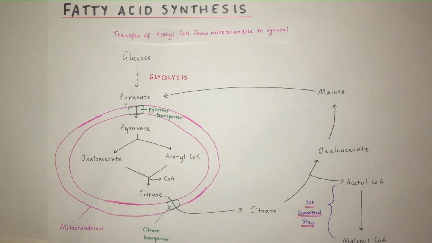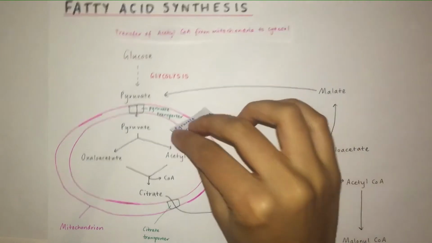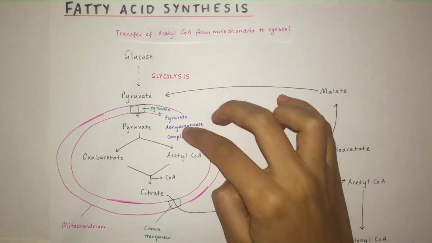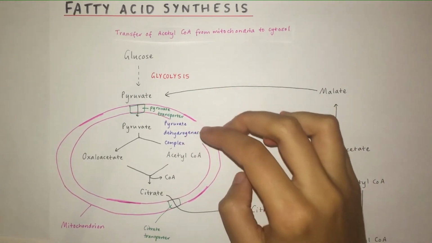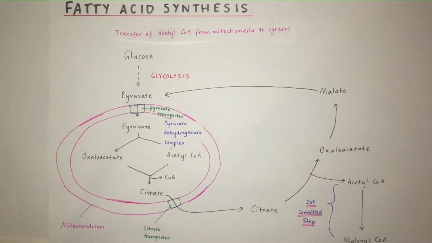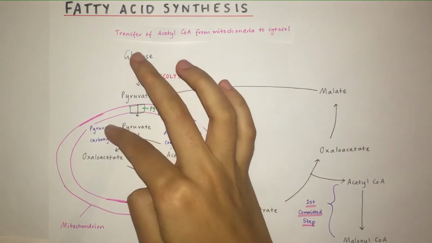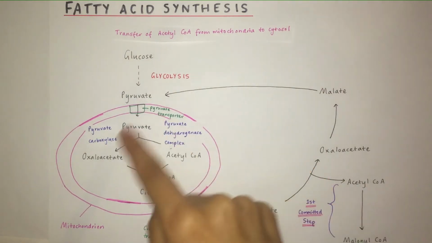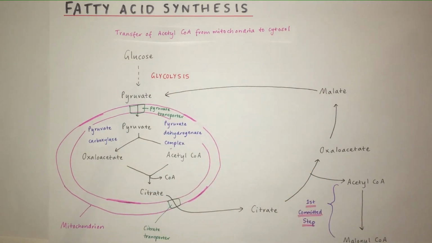Pyruvate can be converted to acetyl CoA through the pyruvate dehydrogenase complex, where an NAD gets converted to an NADH. Also, pyruvate can be converted to oxaloacetate through pyruvate carboxylase, covered in the anaplerotic reactions video.